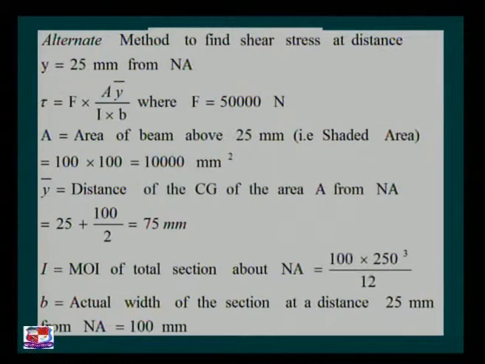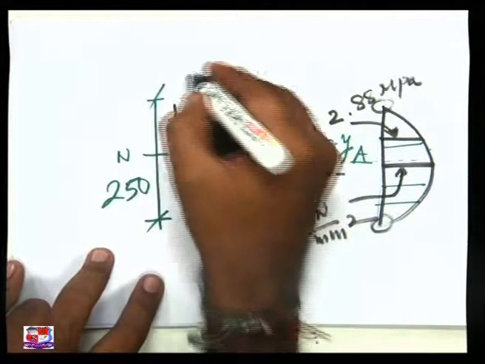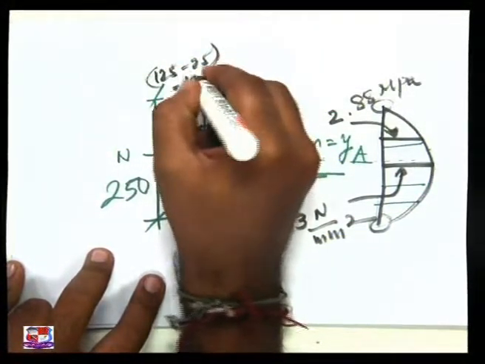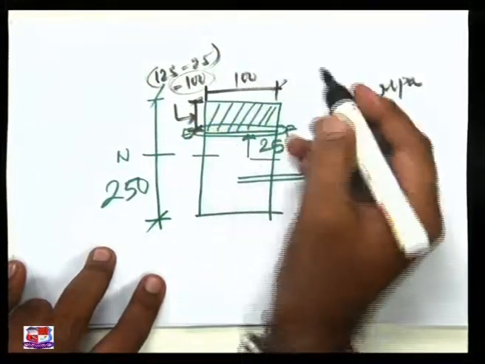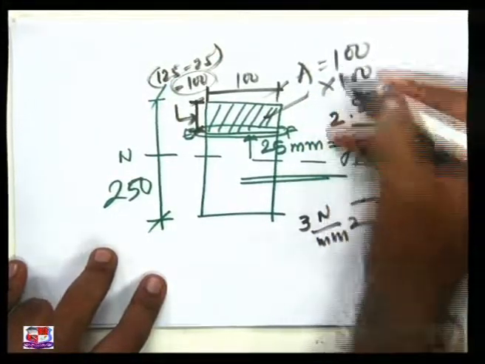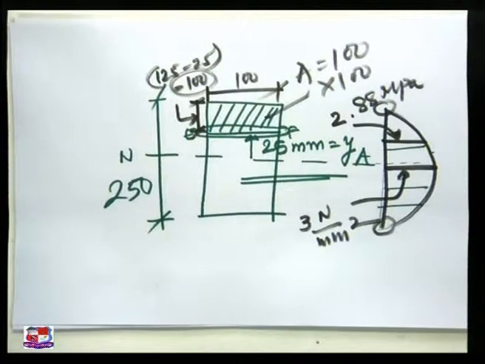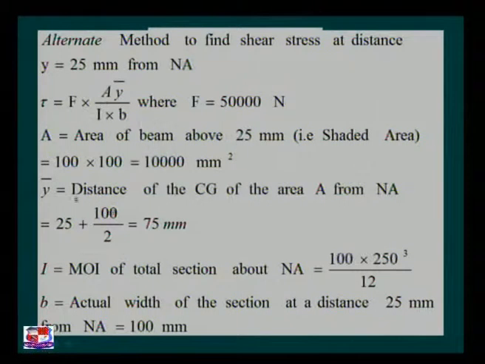If you refer to this tabletop, then this available depth is 125 minus 25, that is 100. This is also given 100. So area available to me is 100 cross 100. That is the same thing which is visualized on this PPT.